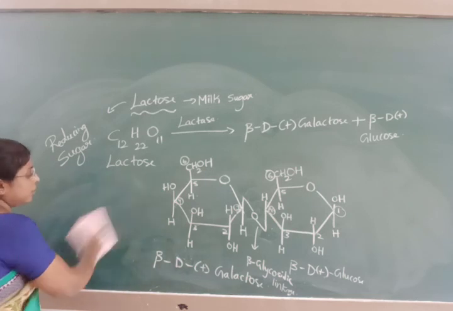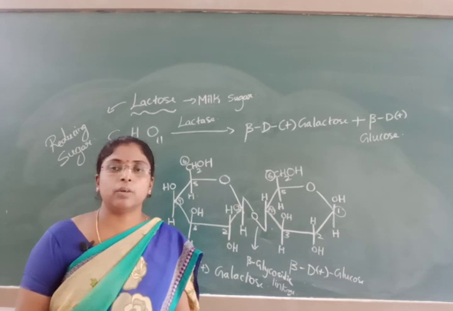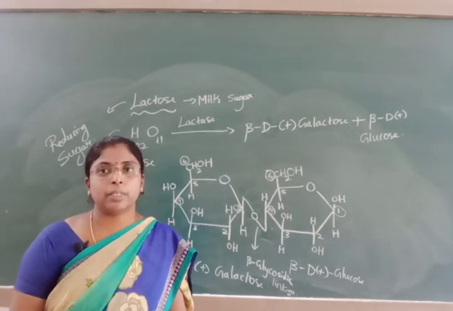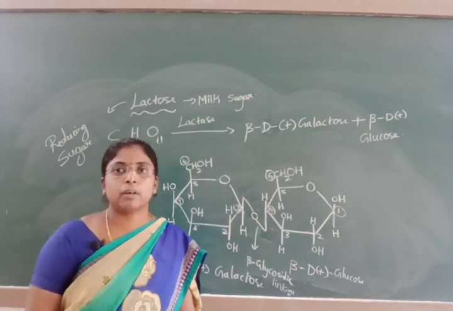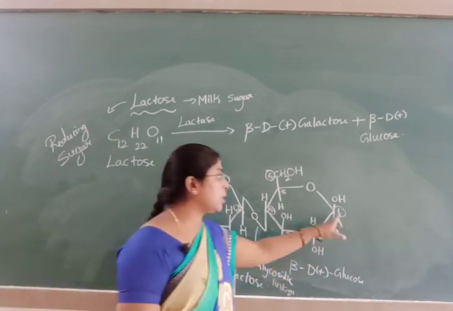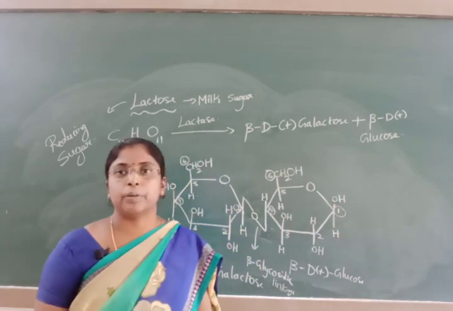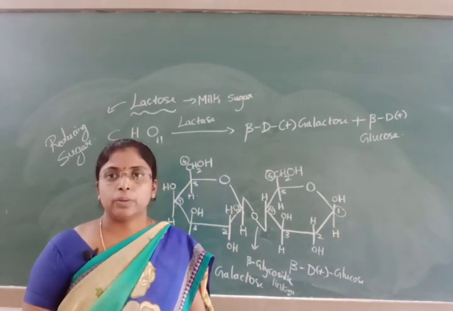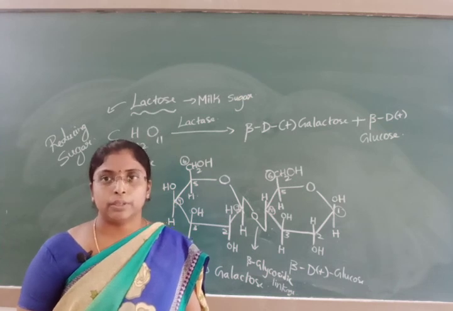Sucrose is not a reducing sugar. It does not have a free aldehydic or ketonic group because they are involved in the C1 C2 alpha beta glycosidic linkage in the case of sucrose. But in the case of maltose as well as lactose, at the first carbon atom it will rearrange itself and form a free aldehyde group. Hence lactose as well as maltose act as reducing sugars.